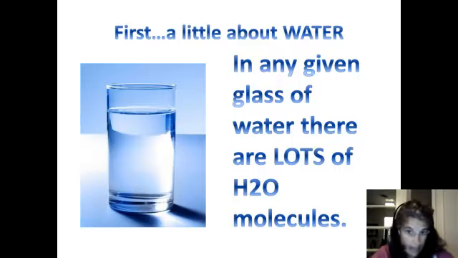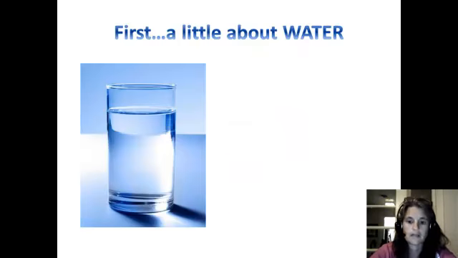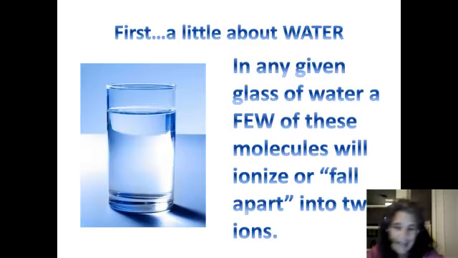In any glass of water, there are obviously lots of H2O water molecules. That's what water is all about. It's H2O, two hydrogens bound with an oxygen together, covalent bonds, very strong, it's stable. It is a very plentiful molecule. Now, in any given glass of water, a few of these molecules, for whatever reason, disassociate.